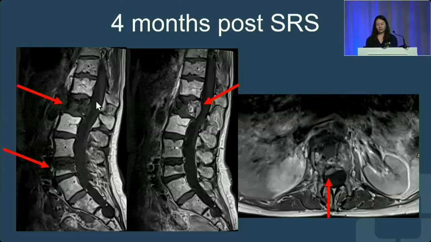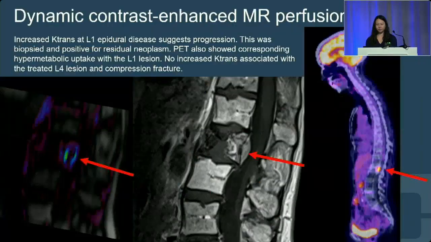So in this case, the L1 vertebral body had a compression fracture, but there's this epidural enhancement as well. The L4 vertebral body has a new compression fracture. So the question is, is this from progression or is it pseudo-progression from treatment change? So we use dynamic contrast enhanced MRI perfusion to help us determine that.